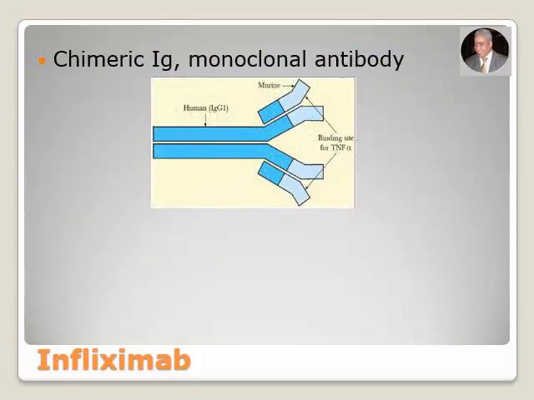The second group of biologics is the antibodies against tumor necrosis factor alpha. We have 2 types, the chimeric type, infliximab, and the humanized type, adalimumab. Infliximab has a lower price. It is made by modification of the human immunoglobulin G, by adding a murine segment, to trap the tumor necrosis factor.